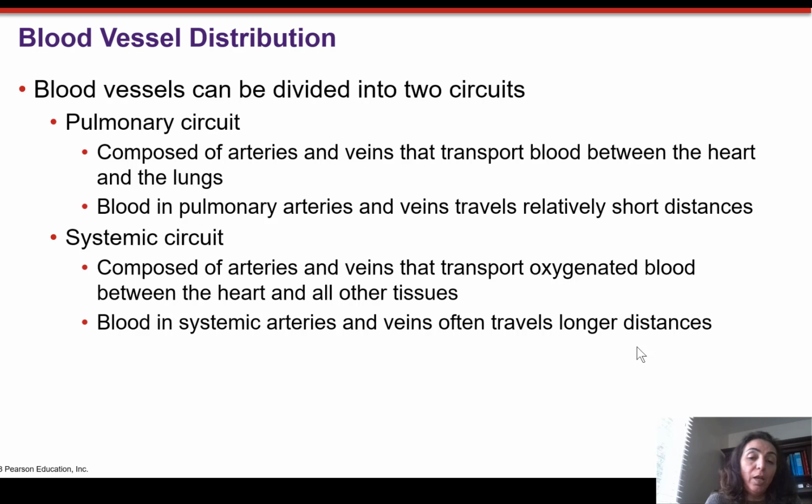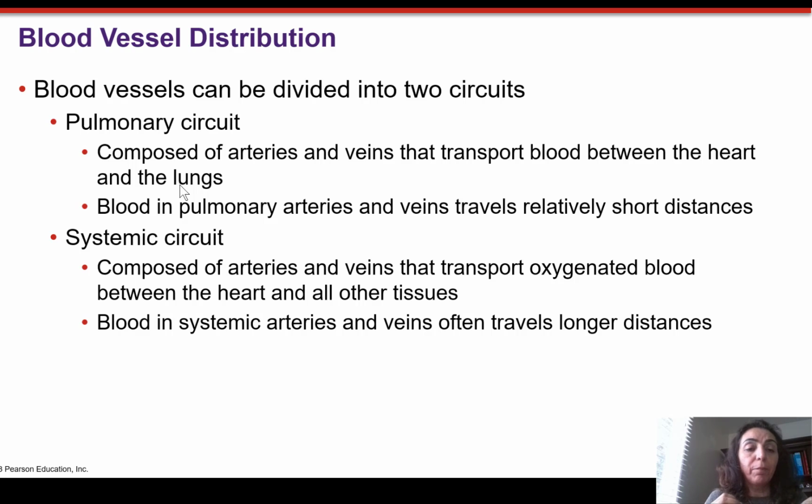I like to make one thing clear: when we're talking about the lung in the pulmonary circuit, we're only talking about the gas exchanging part of the lung, like those alveoli.